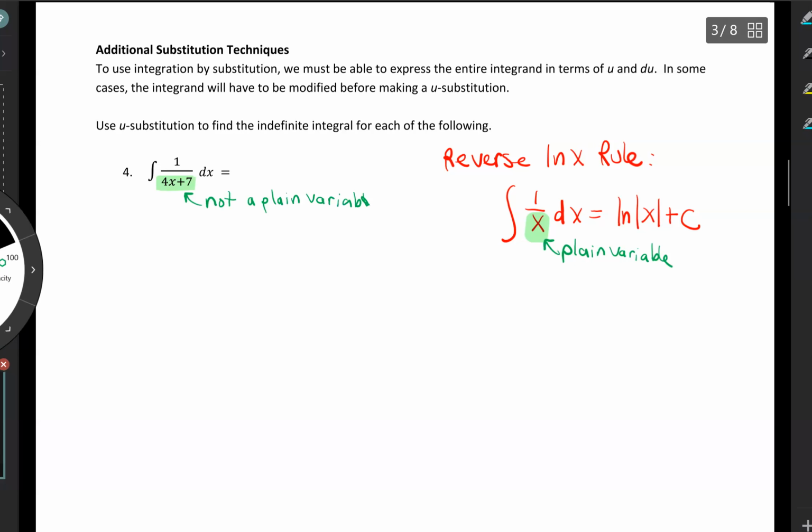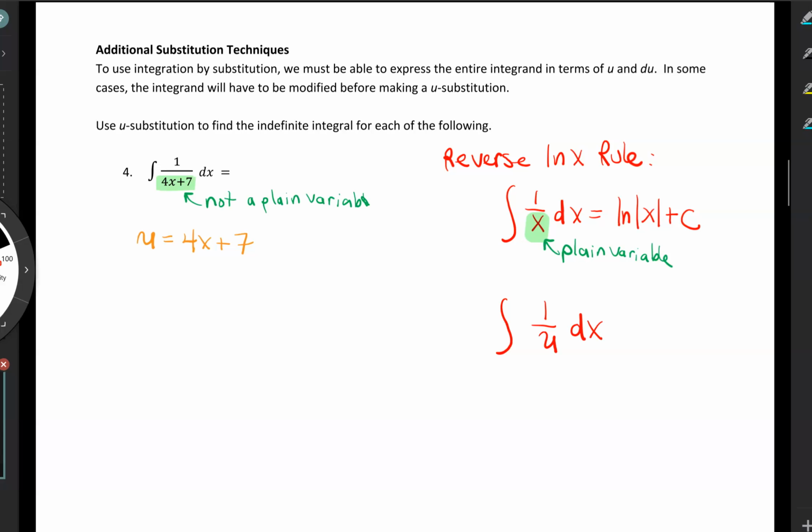You're going to make it a plain variable. Okay, so we're going to let u be this denominator that's giving us the trouble. Okay, so if I stop right now, I'm going to have this 1 over u dx. Uh-oh.